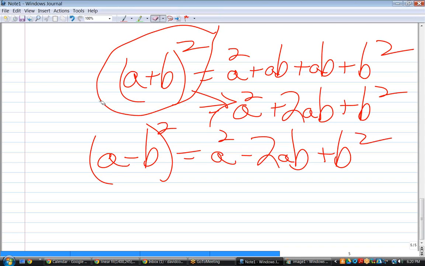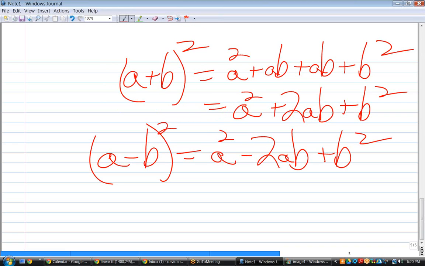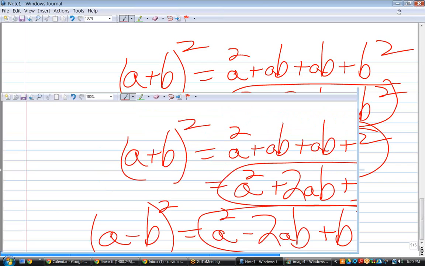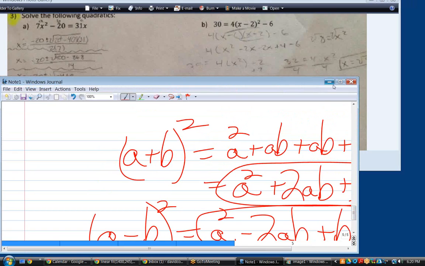In other words, don't waste time FOILing it every time. You know instantly, the moment you see an a plus b squared or an a minus b squared, you can translate it into that. That's how I did it as quickly as I did, is that I immediately made it x squared minus 4x plus 4, which is what that would simplify to.